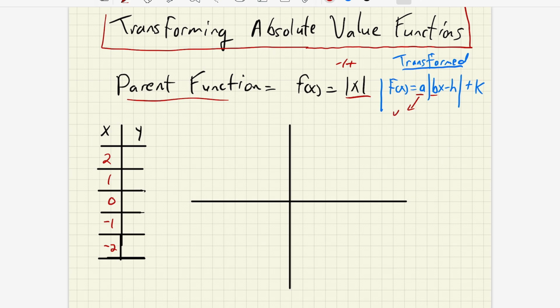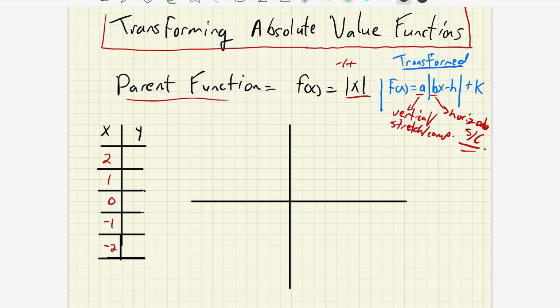So your a refers to a vertical stretch or compression, and then the b would be a horizontal stretch or compression. So just write S or C, stretch or compression.